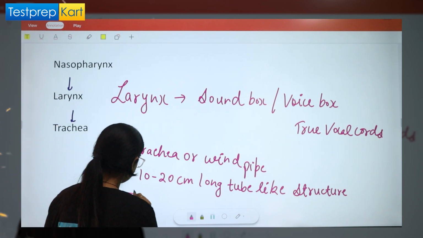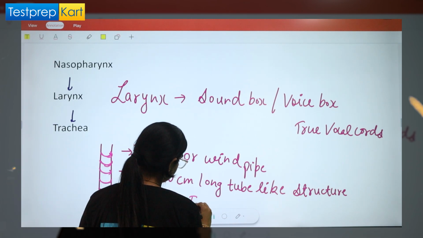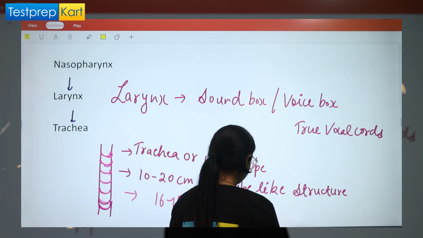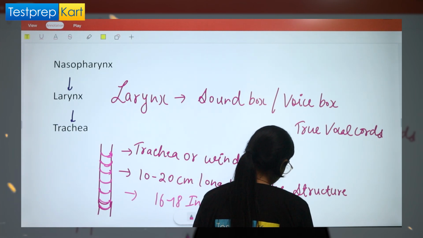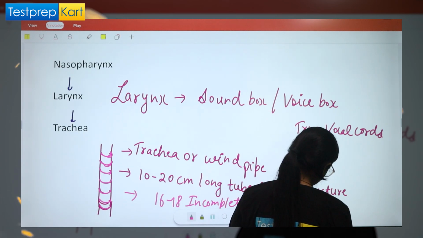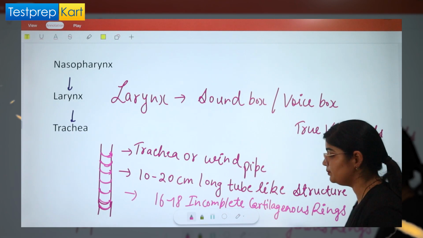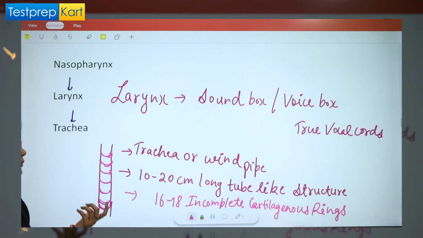So there are 16 to 18 incomplete cartilaginous rings, and these rings help in preventing the collapse of the trachea, right?